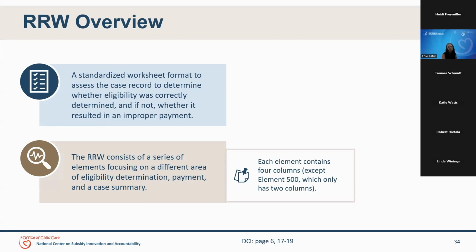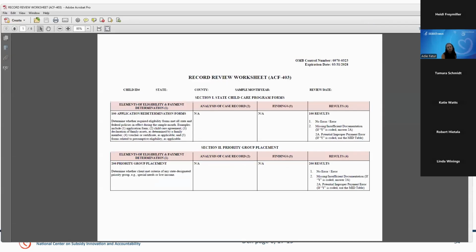And just so I can illustrate what I'm saying by elements and columns, I'm going to pull up the template for the record review worksheet and quickly show you, in case you might be new to this process. The peach colored rows are the column headers. And then the rows underneath that are numbered, those are each element.